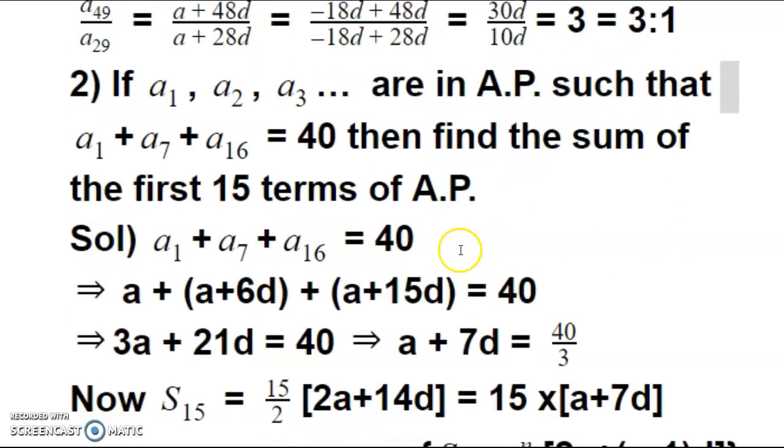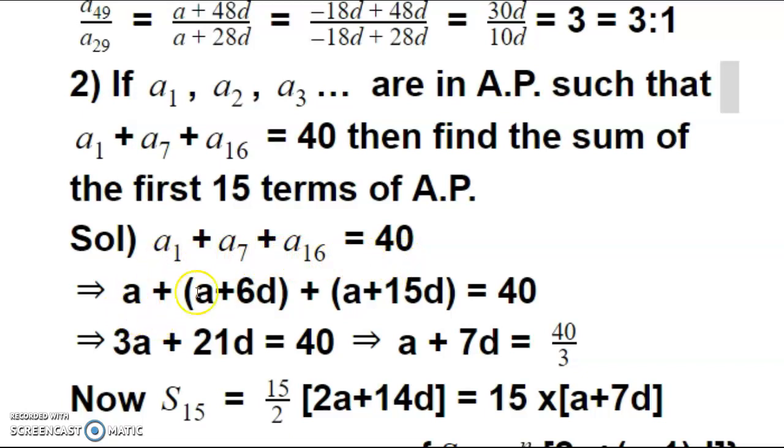Now let us go for the second question. If A1, A2, A3 and so on are in arithmetic progression such that A1 plus A7 plus A16 is equal to 40, then find the sum of the first 15 terms. It is given that A1 plus A7 plus A16 is equal to 40.